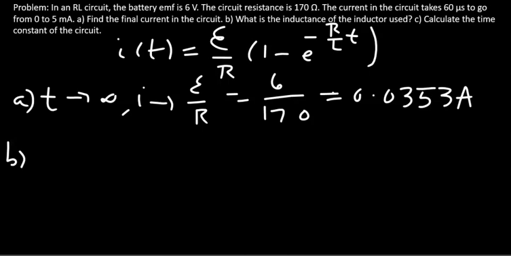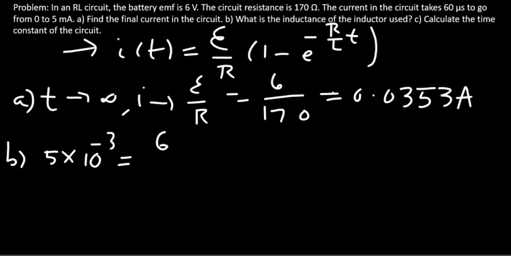Let's look at part B. What is the inductance of the inductor used? Now we are told that when t is 60 microseconds, the current is 5 milliampere. So let's substitute that in this expression right there. When I is 5 milliampere, milliampere is 10 to the power minus 3.